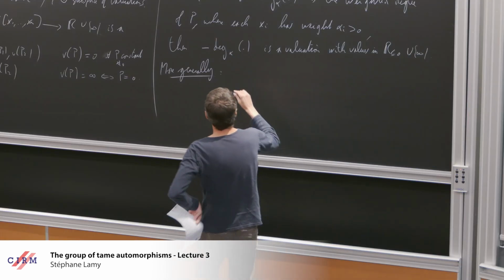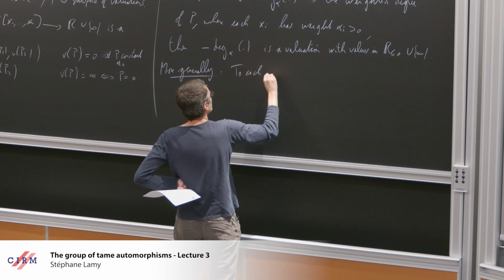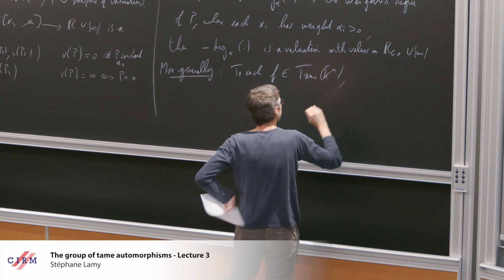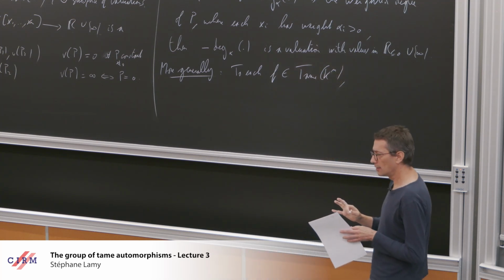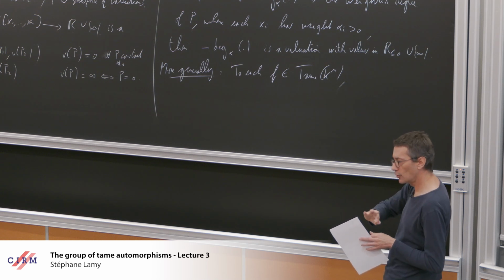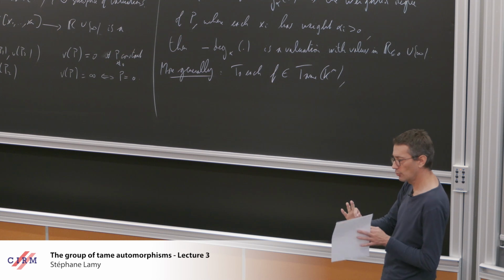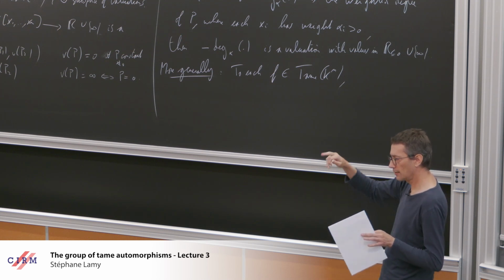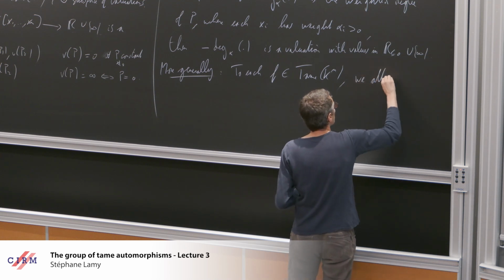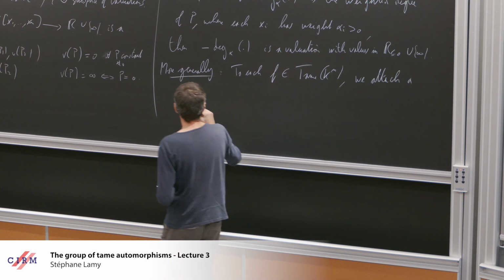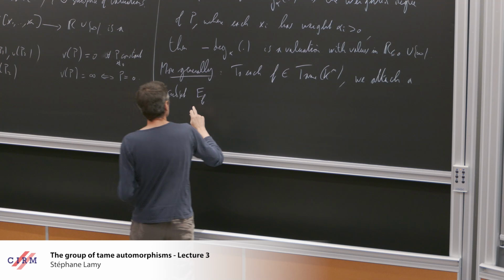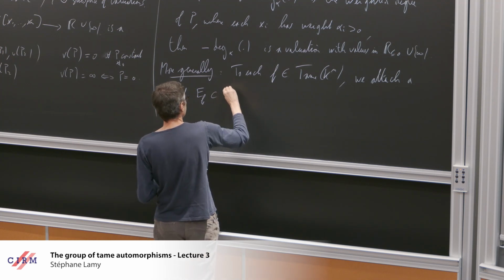To each choice of F in the Tame group, I'm going to associate a subset of the space of valuations. The idea is that at the end, when I put the metric, it will be a copy of R to the n-1. So we attach a subset that I will denote EF inside the space of valuations.